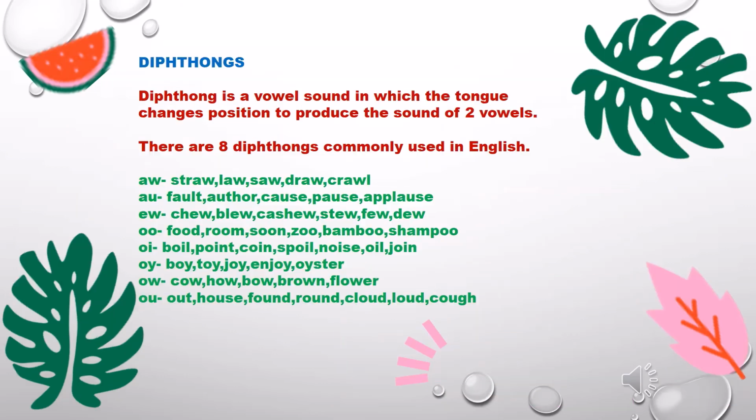Diphthong. A diphthong is a vowel sound in which the tongue changes position to produce the sound of two vowels. Some examples are as follows, like aw, straw, law, saw, draw, crawl. Aw sound, flaunt, author, cause, pause, applause.